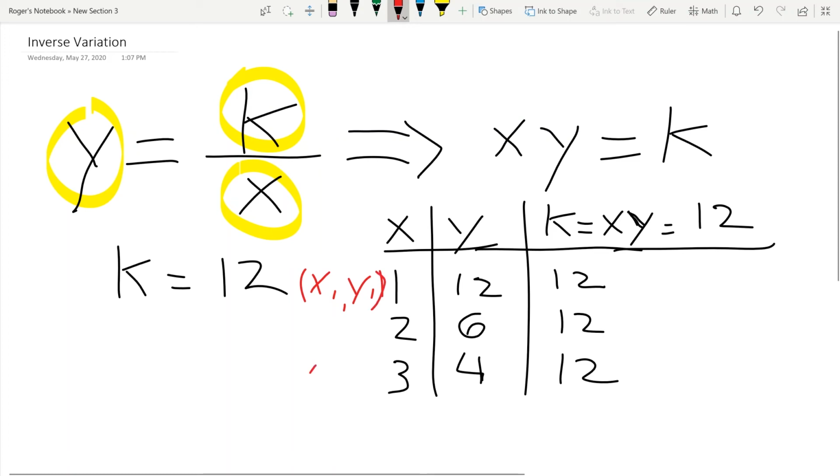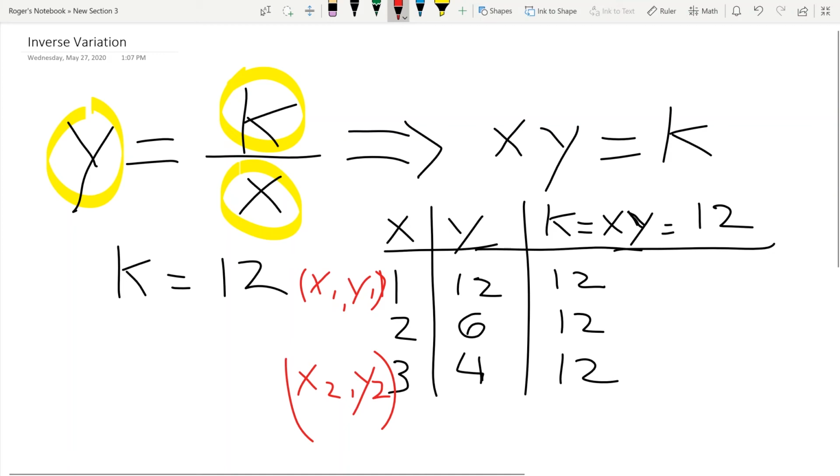Now let's let this one down here be x2, y2. So notice that x1 times y1 equals 12, and x2 times y2 also equals 12.